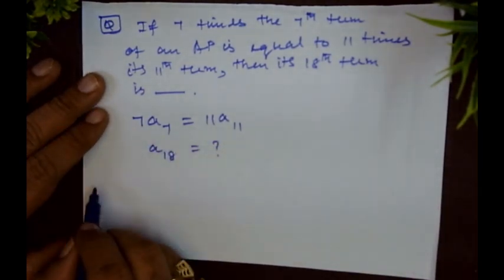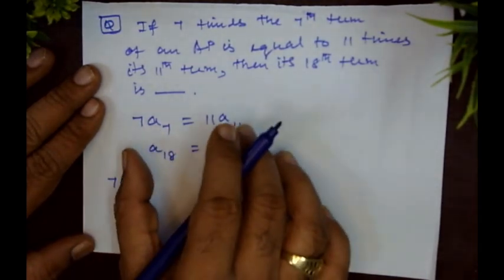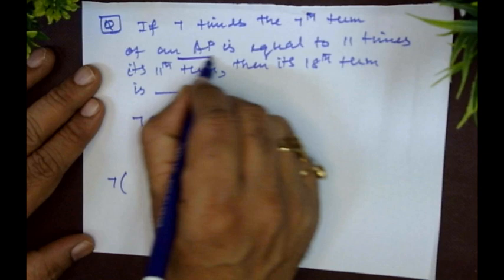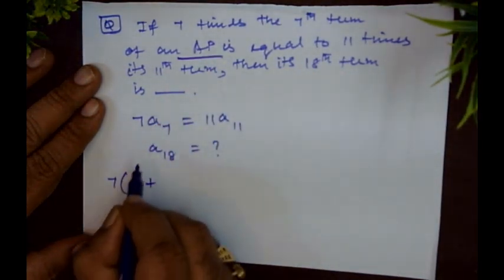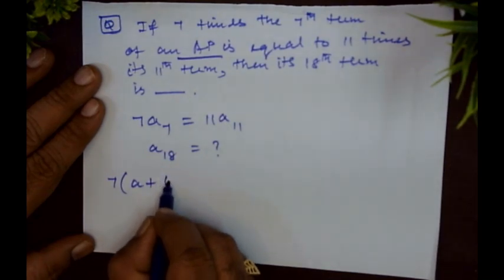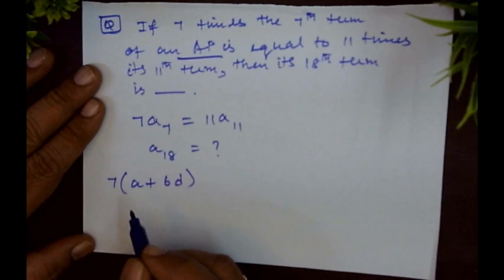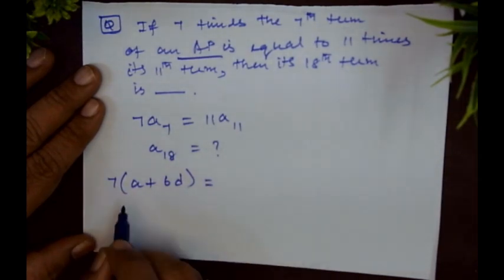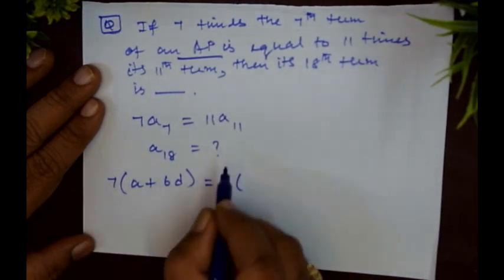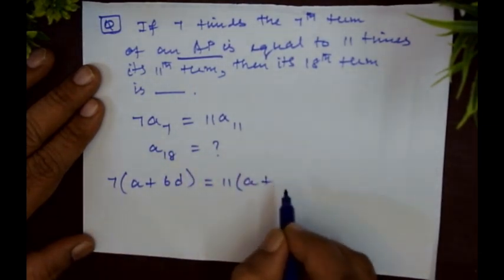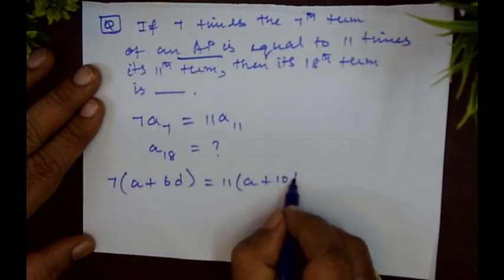Now let us expand this. 7 into A7. In fact, both of them belong to the same AP. So a plus n minus 1, 7 minus 1, 6, common difference will be d. That's it. Is equal to 11 of A11, a plus n minus 1, so 10, so 10d.